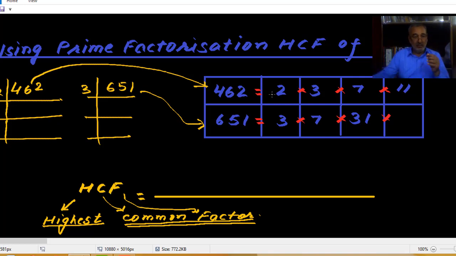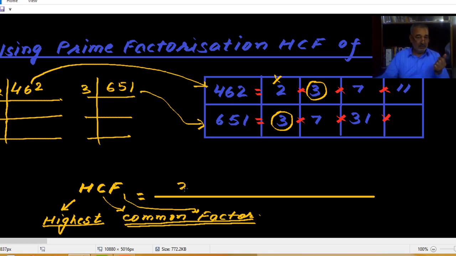So common factor, whether 2 is common in both the series? No. Then no need to write here, as 2 is not a common factor. Should I write 3 as a common factor? Look at this. 3 is included in both the numbers.